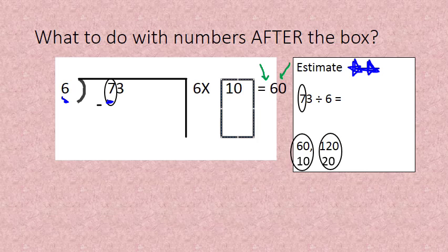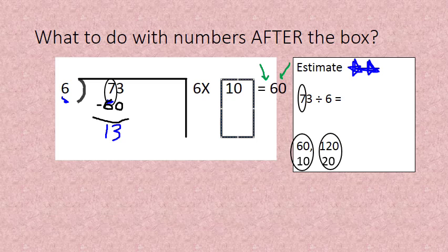So in this example, we would be subtracting 60 from 73. I hope you realize that we subtract 60 from 73. It's looking like I do not need to regroup, so my answer is 13.